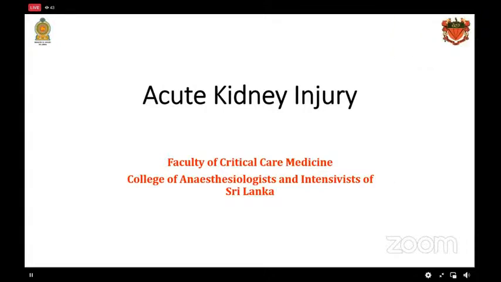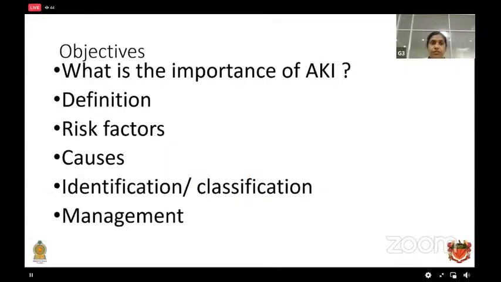So my topic is acute kidney injury, and it is very important. We'll go through the objectives. First, we'll see why we need to learn about AKI. It is simple, but it can cause catastrophic events. Then definitions, there are various definitions.